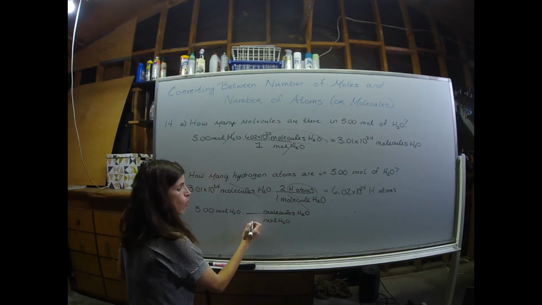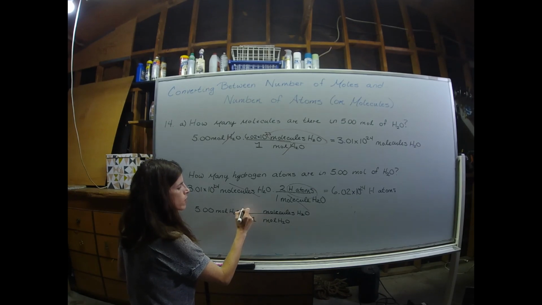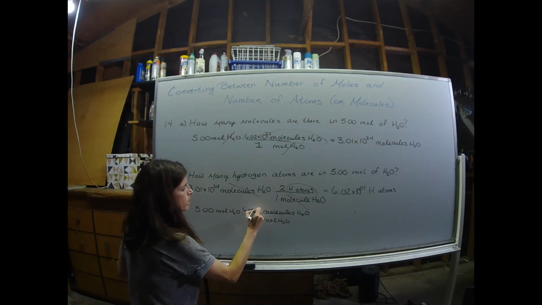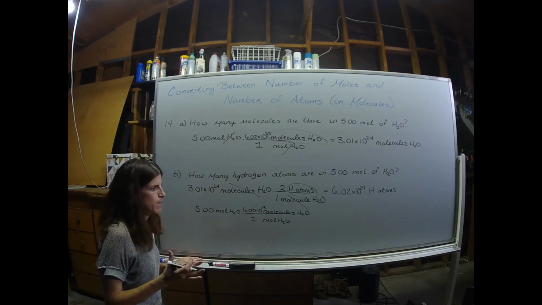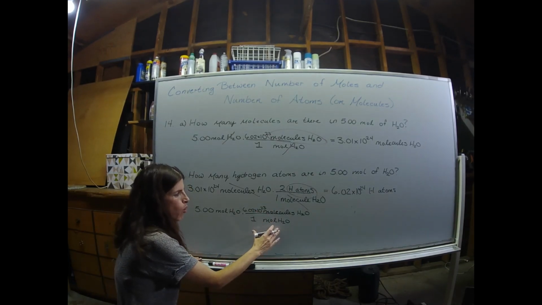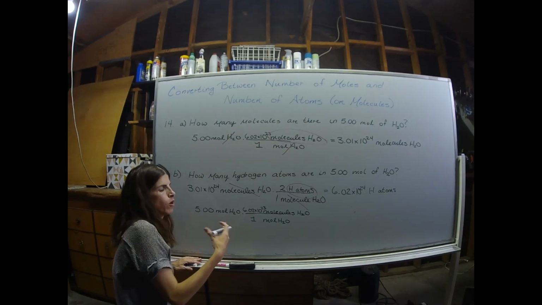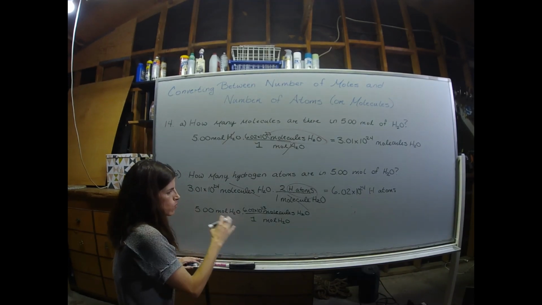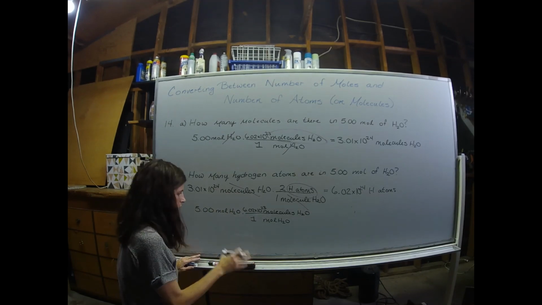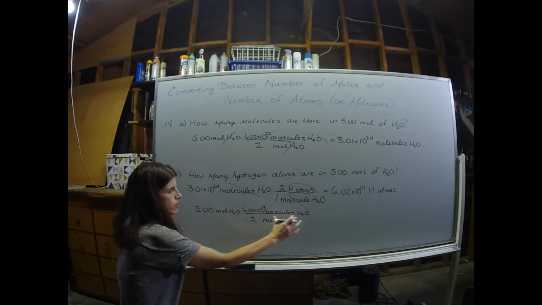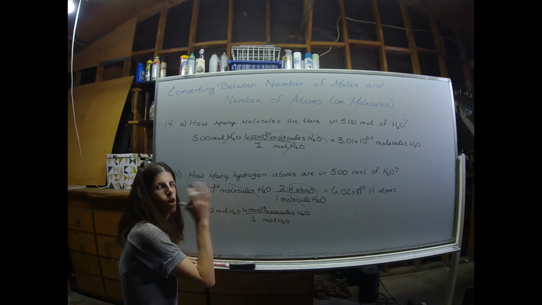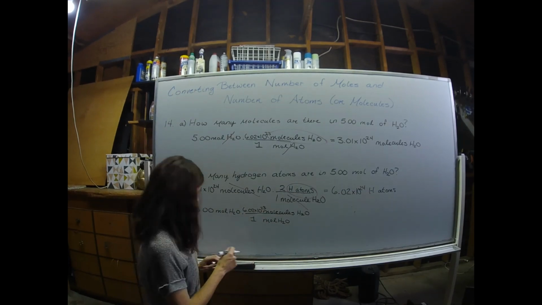It's really important to note here that when you're using Avogadro's number, you can't mix and match. So 1 mole of water has Avogadro's number of water molecules, and we can't just skip to hydrogen atoms. They have to correspond, the thing in the numerator and the thing in the denominator, when it's Avogadro's number.